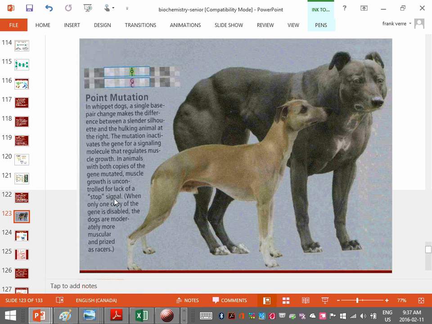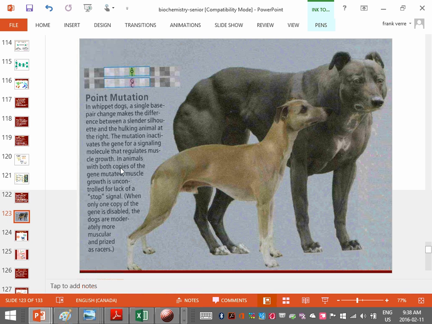Here's an example of a mutation. Okay, this is a neat example of mutation. That hideous dog, the black one there, the major difference between these 2 dogs is a mutation in a gene that basically tells the body to stop making muscle. Because there's a point where your body says, okay, you have enough muscle, right?